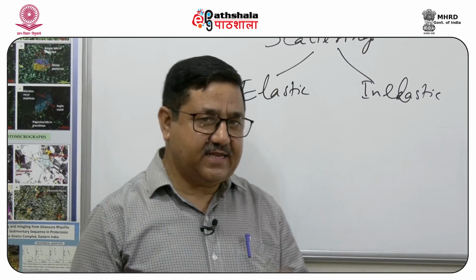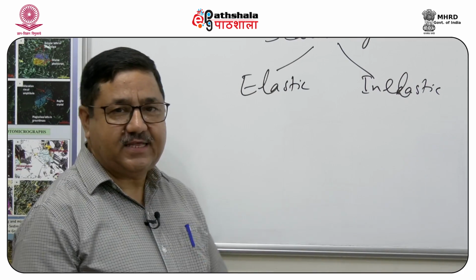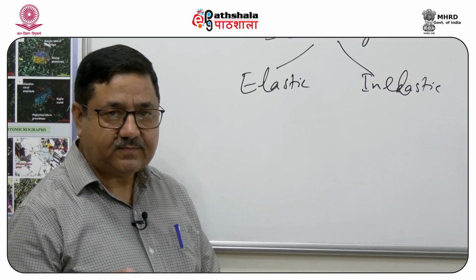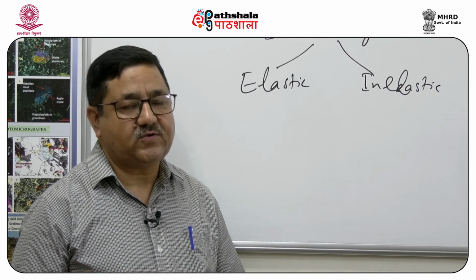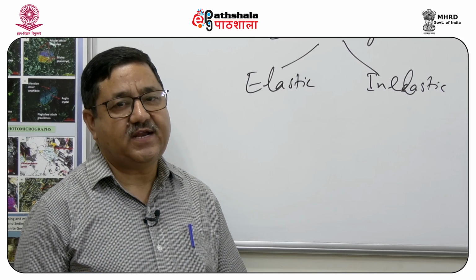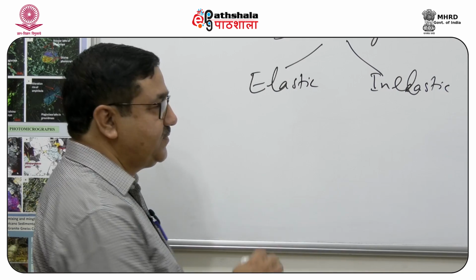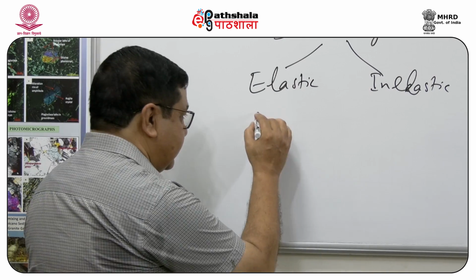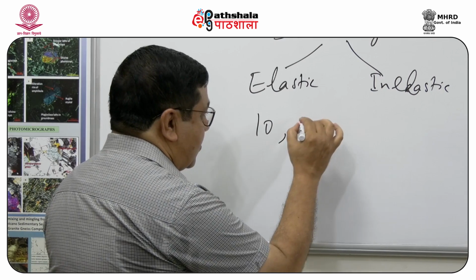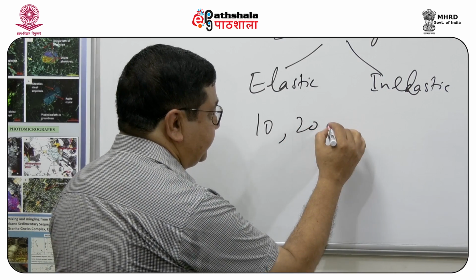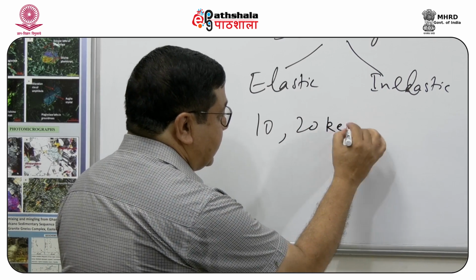To quantify this, we can look at this in real terms. In scanning electron microscopes, the kind of energy which we employ are of this order: 10 or 20 kilo electron volt.